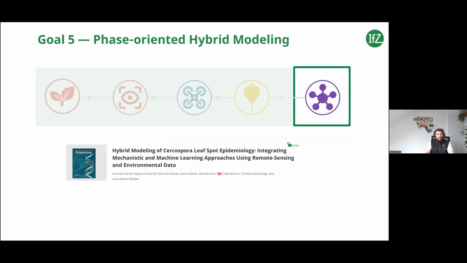And now we reach the final goal of my thesis, the hybrid epidemiology modeling. This work has been accepted for publication in Phytopathology. It's already published. This is where we connect everything: plant catalog, severity signal, and environmental and spore data into a phase-specific forecasting framework.